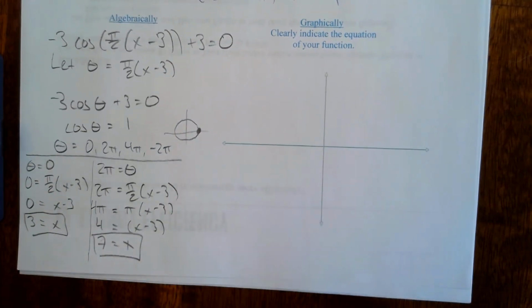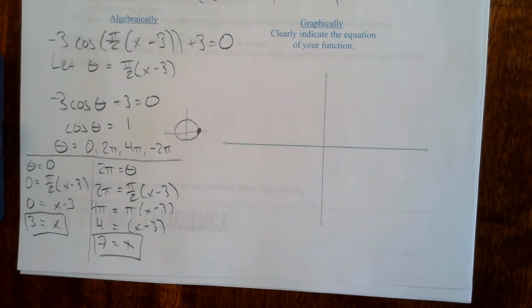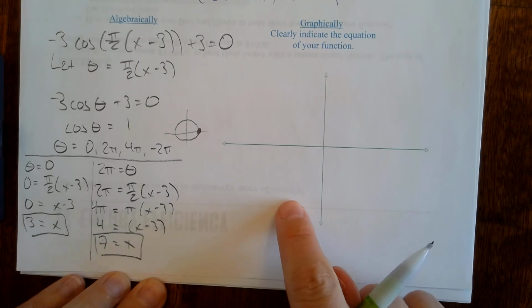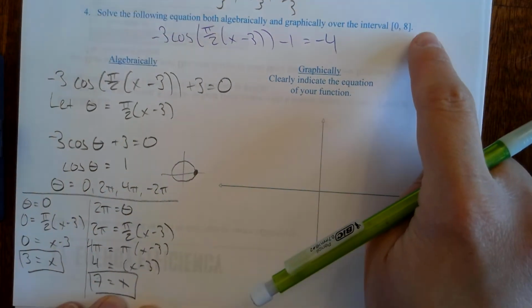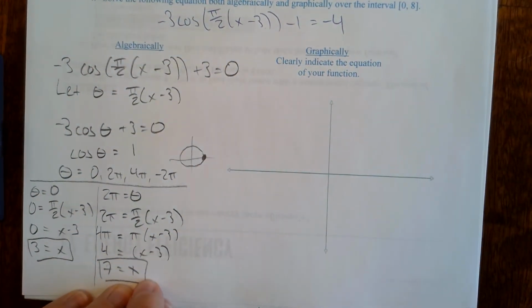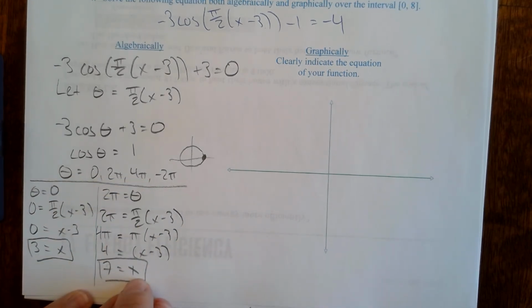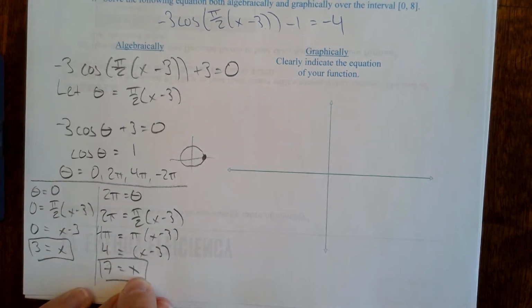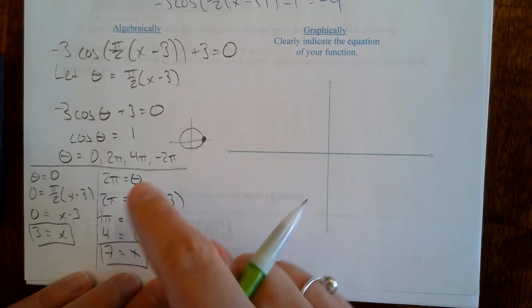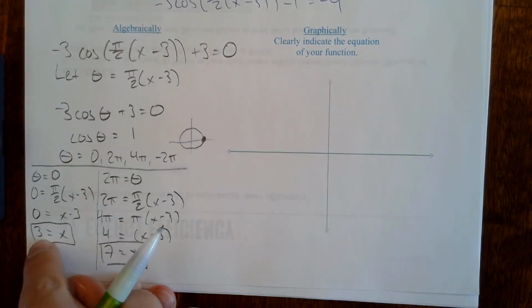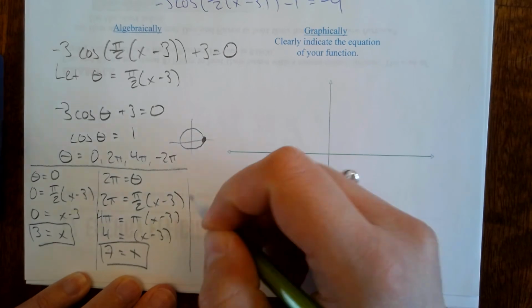That's great. Now I feel like it's possible I could have another answer. I think it's probably not going bigger. I don't think 4 pi is going to be an answer because we're already at 7. I don't think we're going to be able to go bigger than that. So let's try negative 2 pi going the other direction, going left, just to make sure that there's no other ones there.